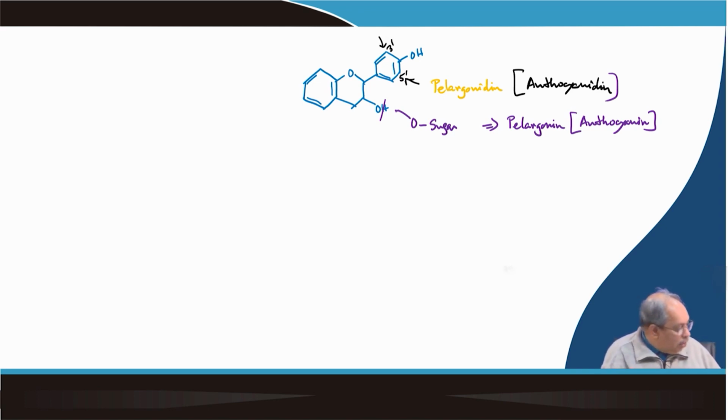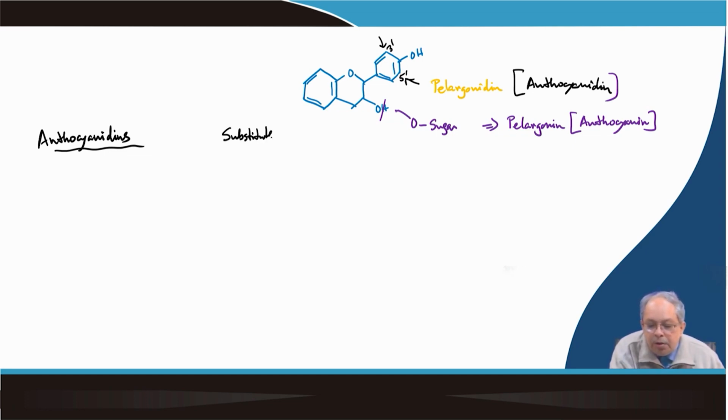So, now let us see the names of anthocyanidins, then we will put the substituents and then we will put the color. I use the British spelling, COLOUR.